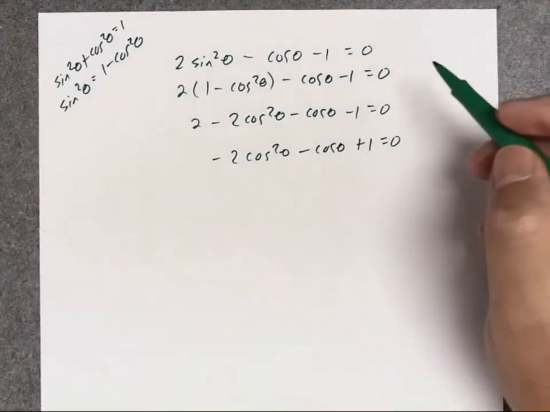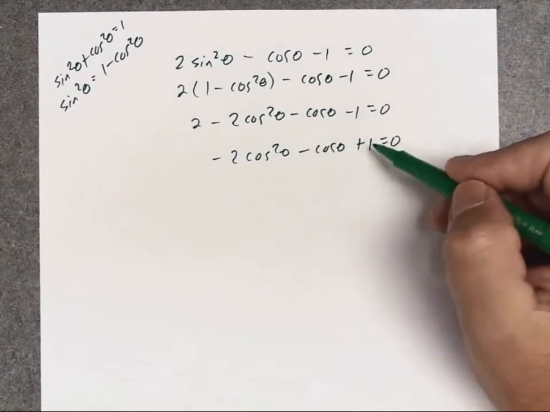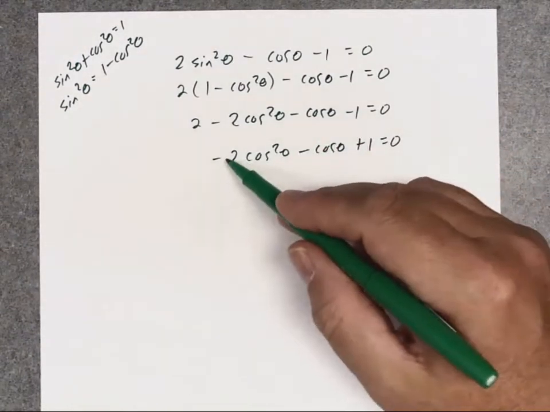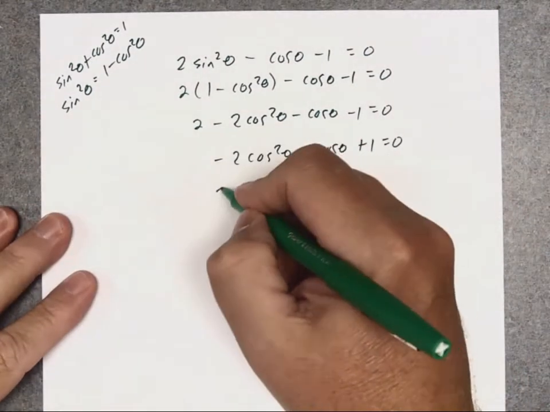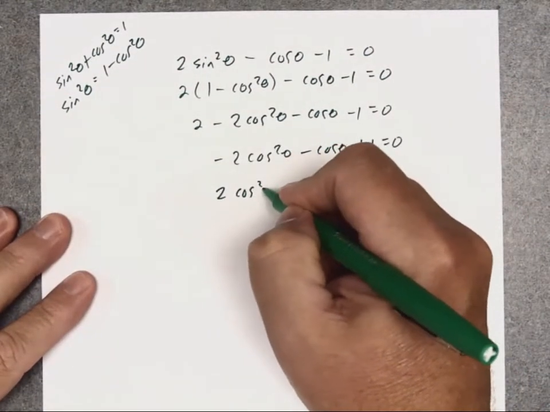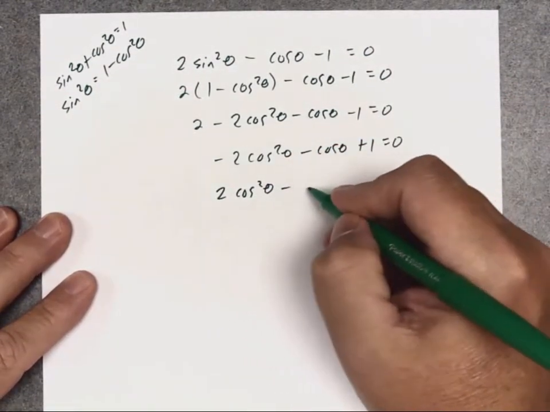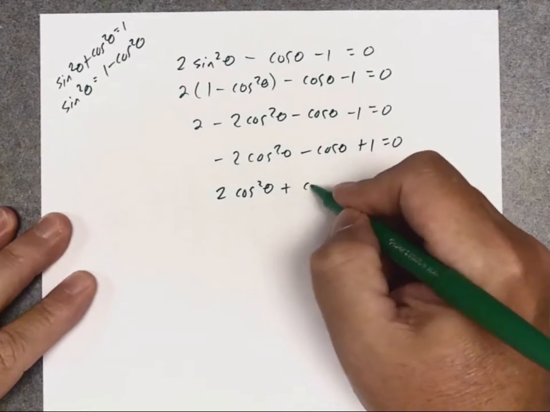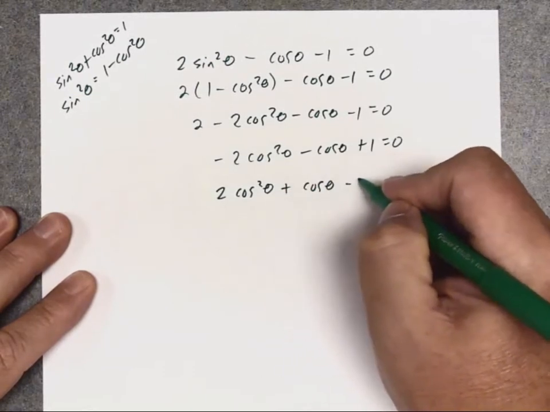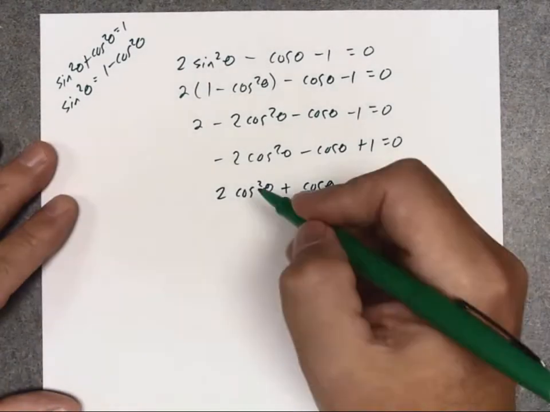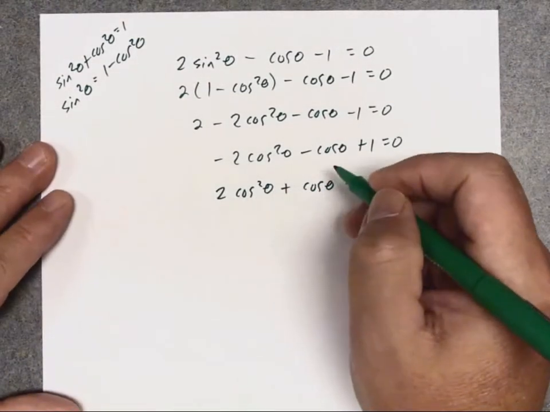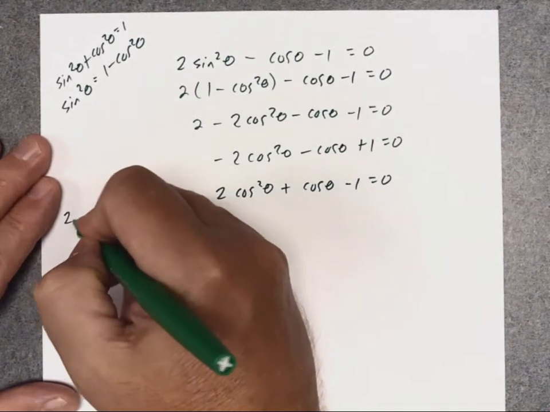And now what I'm going to do is this is like a trinomial. I'm going to try and factor it, but I don't like this minus here. So let me multiply both sides by minus 1. So here's the equation we're going to try and solve. And if this is confusing to you, if you think about the cosine as like your variable, you know what this really is?